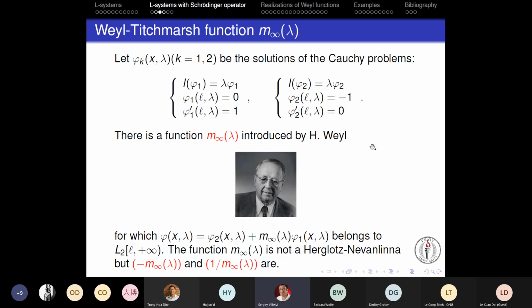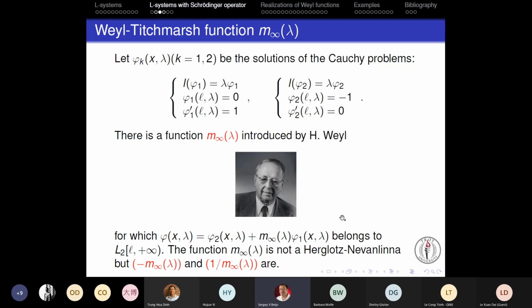And so the Weyl function, or as some people call it, the Weyl-Titchmarsh function, plays a super important role in Schrodinger operator theory, and there are numerous papers written on the Weyl-Titchmarsh function and its generalizations here and there. So it's present in lots of results for this theory.